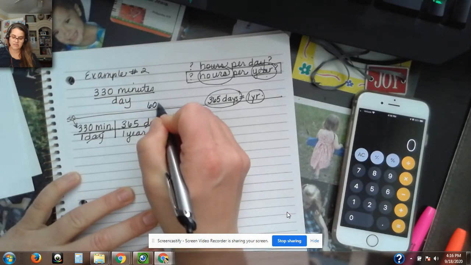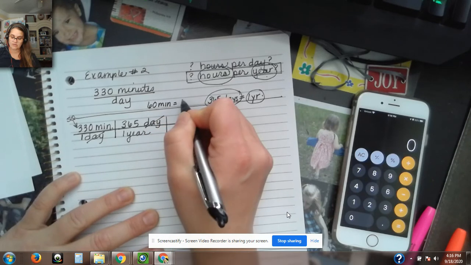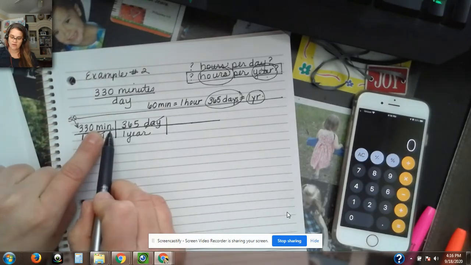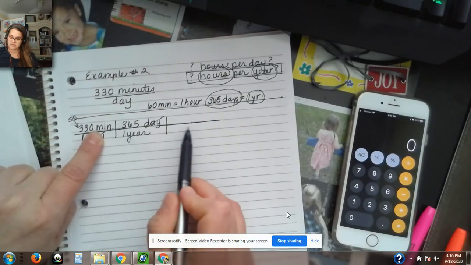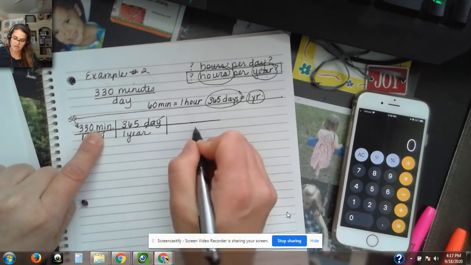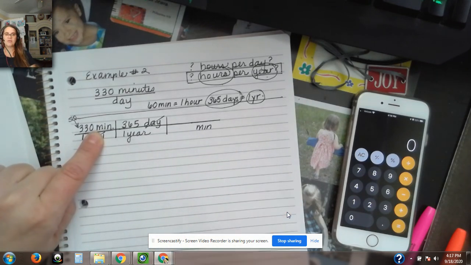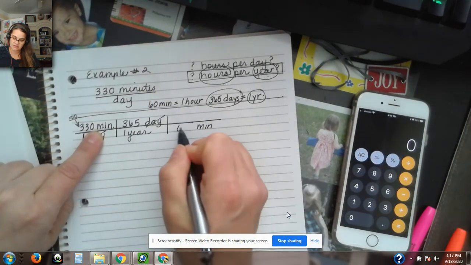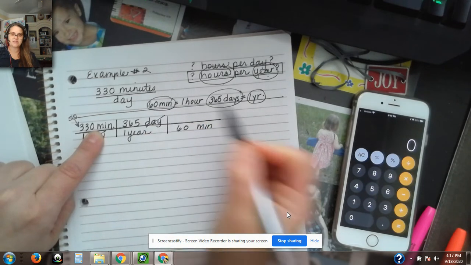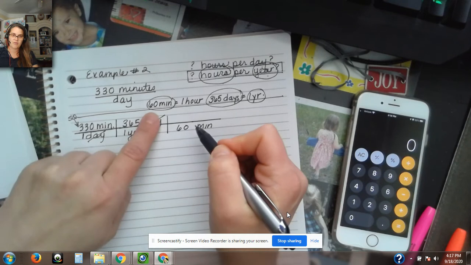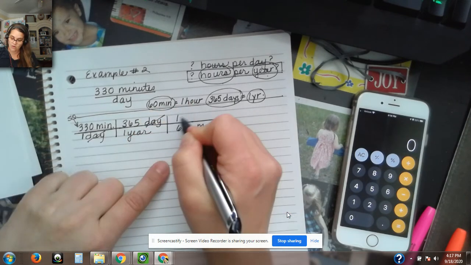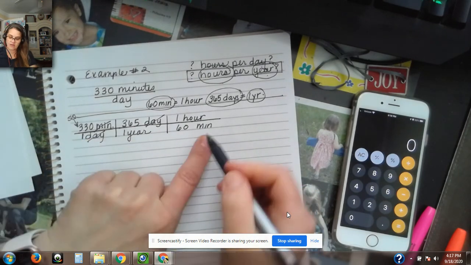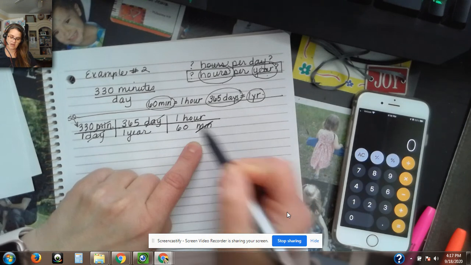We know that there are 60 minutes, and that equals 1 hour. So minutes is in the numerator. This is my next available slot on the railroad, and so I'm going to put minutes. Notice again, I am putting the unit before I put the number. It's a habit I've gotten myself into. So now I can pick 60 minutes, and 60 minutes is one part of the conversion factor, and 1 hour is the second part. And now minutes in the numerator is going to cancel with minutes in the denominator.